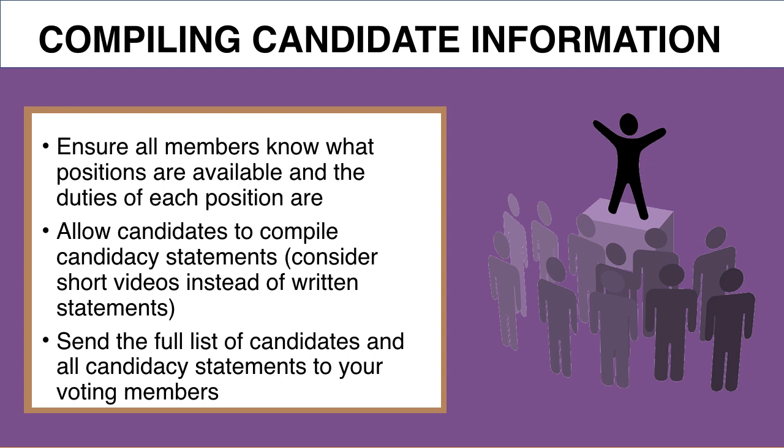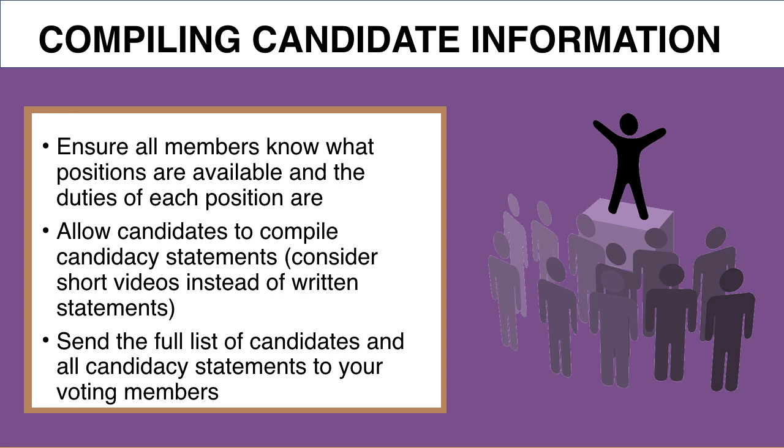Next, compiling candidate information. Let's move on to the next topic, candidate submissions. Candidate submissions are simply a member's statement that they are running for office. As I mentioned when we talked about scheduling, you should give members at least a few days, but preferably a week, to declare their candidacy after sending your initial message about elections. We also talked about sending out the list of available positions and their duties.